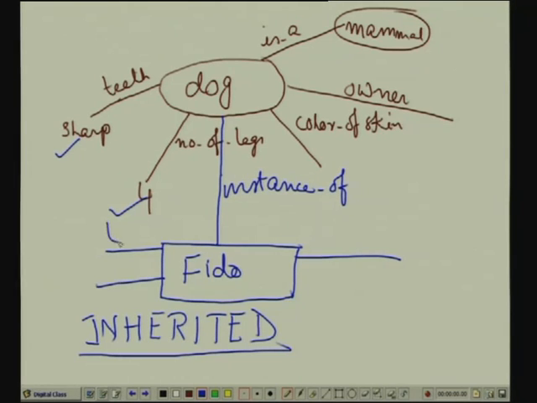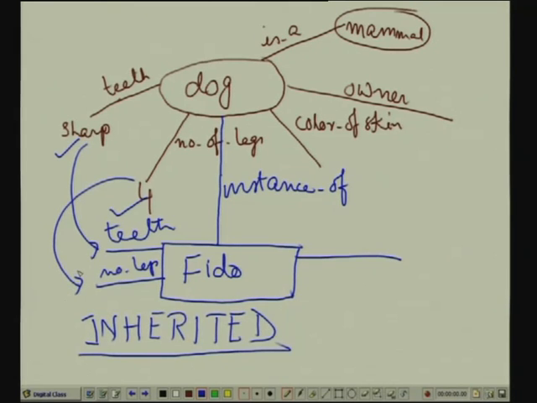Now, this is one very important advantage of frames, and this advantage is derived from the inheritance that we have just now shown. This is a very important advantage for any knowledge representation, the economy of representation.